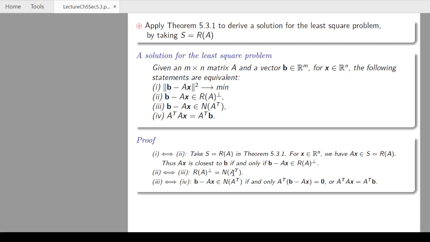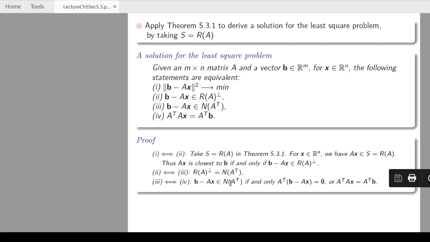For the equivalence between the third and fourth statements, B minus AX belongs to the null space of the transpose of A. That means if we take the product of the transpose of A and B minus AX, that should be 0.